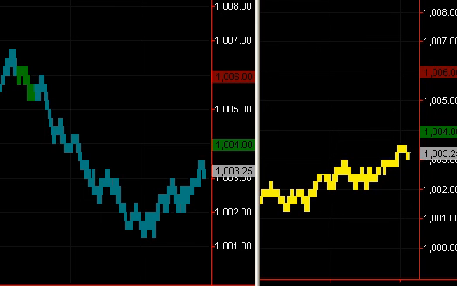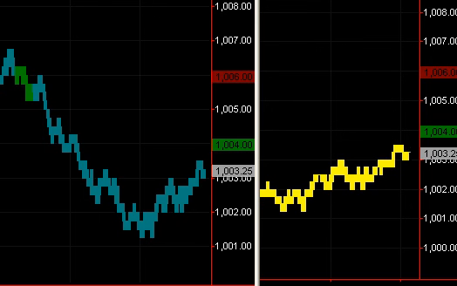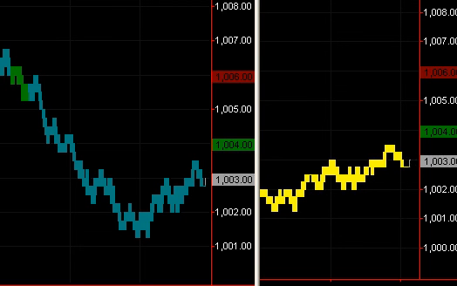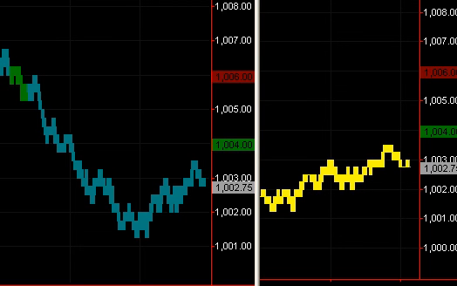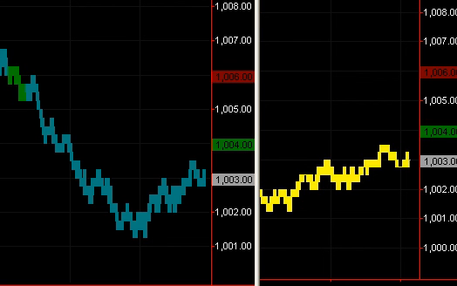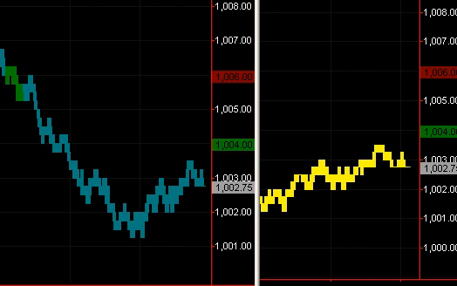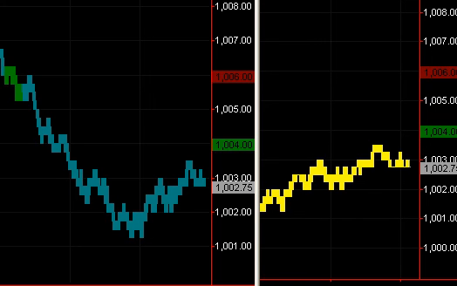Now, one of our indicators was pulling some long trades in here based upon both the strength of the ES on a very fast chart as well as the tick, as we mentioned.